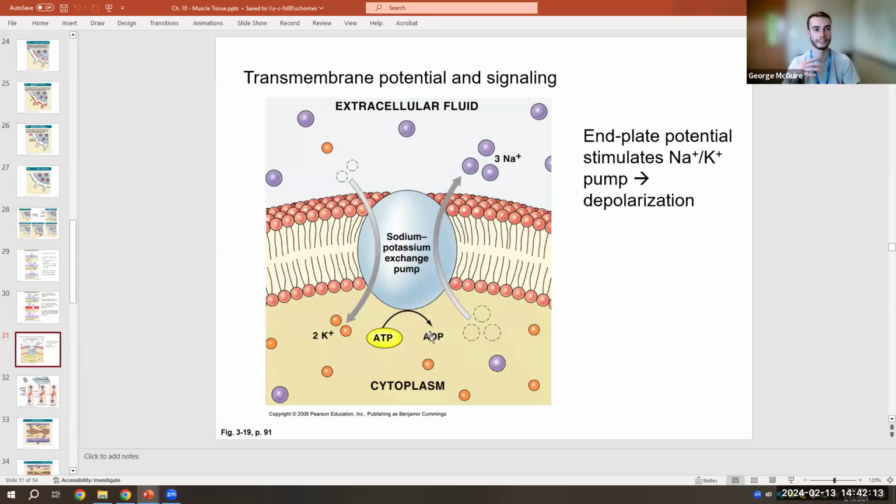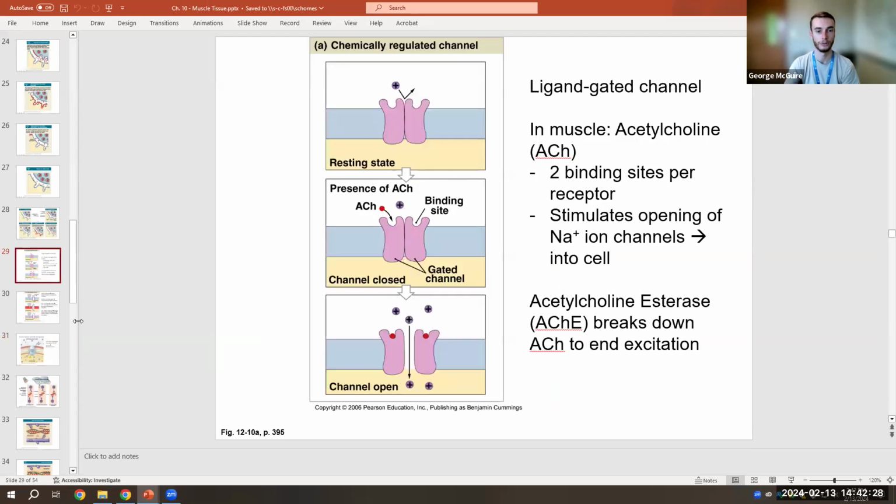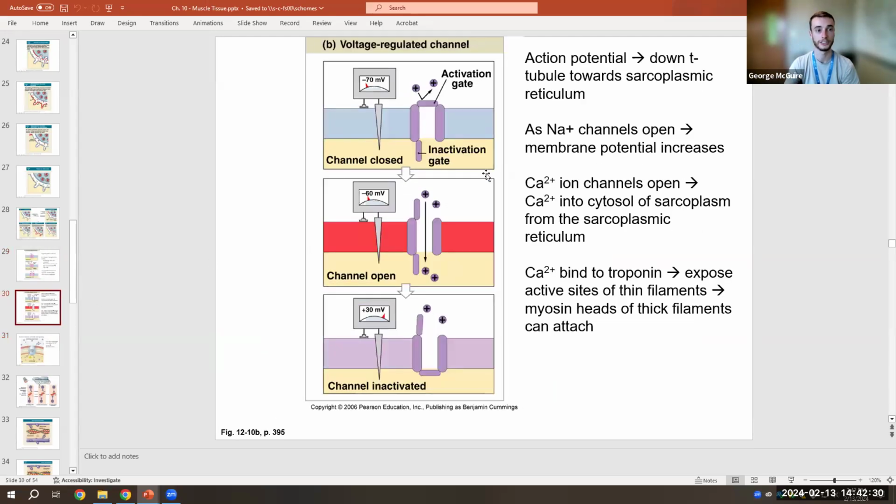So whenever there is a directed signal being sent from a neuron, or in this case, being sent down the sarcolemma of our muscle, what's happening is instead of a pump like this, which is regularly moving ions in and out, we get channels that are going to open and close, causing very quick, large changes in our membrane potential.